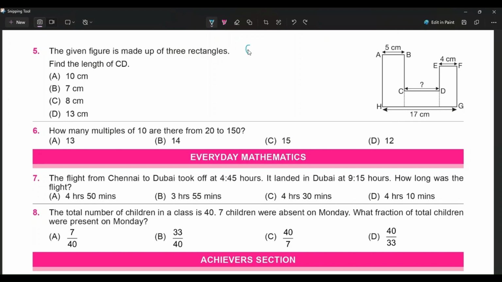So let's write GH is equal to, opposite sides are equal. So this becomes 5, this becomes 4. So let's name it as I and let's name it as J.